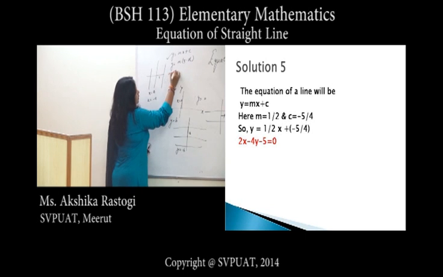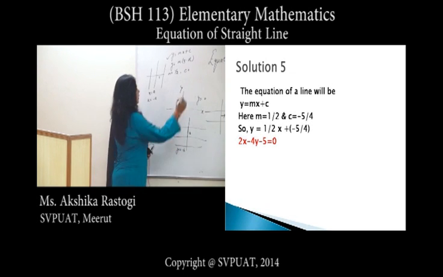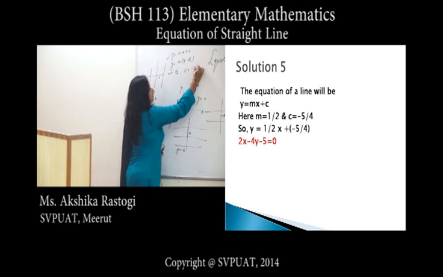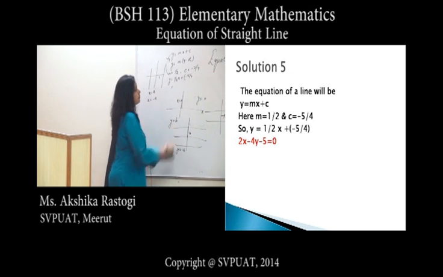Here m equals half, and it is intercepting minus 5 upon 4. Putting the values, y equals half of x plus minus 5 upon 4.